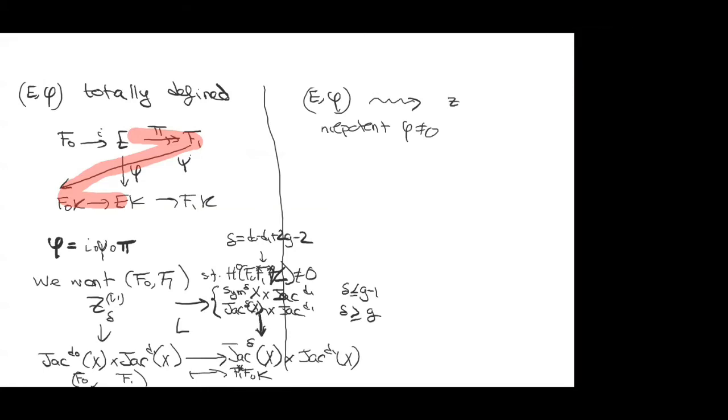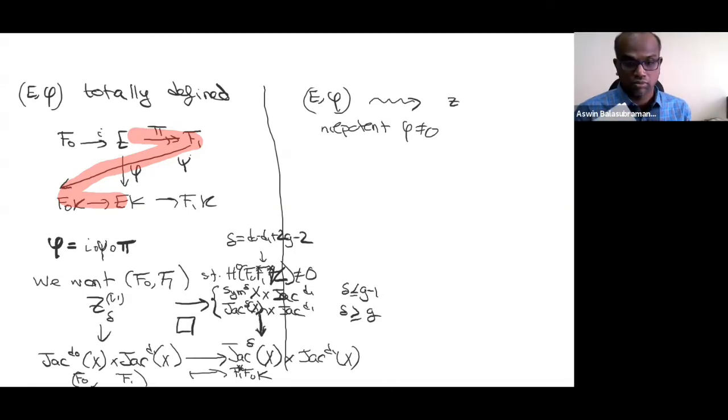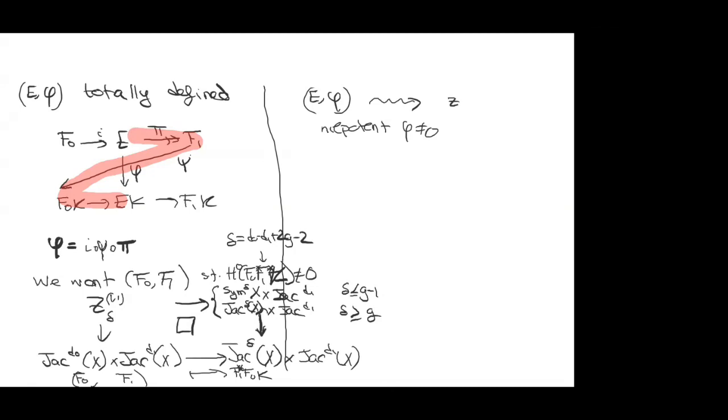Z is defined by the Cartesianity of this diagram. It's pairs of line bundles F0, F1, such that F1 F0 inverse belongs to either the symmetric space or just the Jacobian, depending on how big delta is, and F1 is just a line bundle; you take all line bundles.